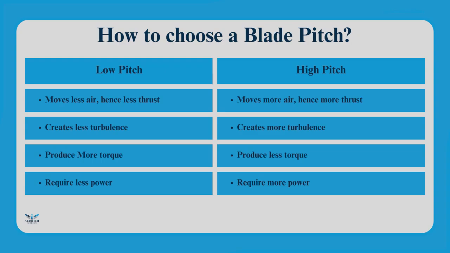Pitch refers to the angle of the blades and determines the power the propeller can produce. Low pitch moves less air, hence less thrust, creates less turbulence, produces more torque, and requires less power, whereas high pitch moves more air, hence more thrust, creates more turbulence, produces less torque, and requires more power.